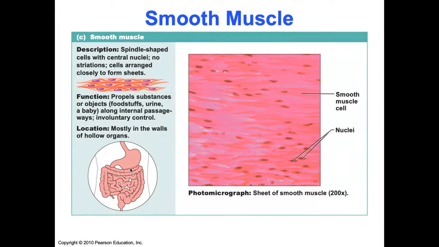You have an internal layer, a middle layer, and then an external layer. That middle layer of muscle is called the tunica media. The internal layer is called the tunica interna, and the external layer is called the tunica externa. So the tunica media is also known as the musculosa. It is the muscular layer that can constrict or dilate.